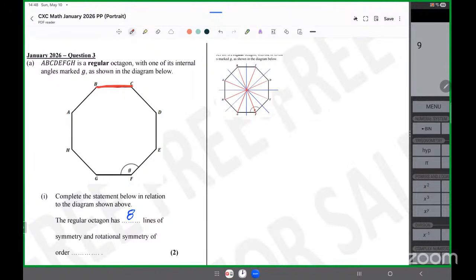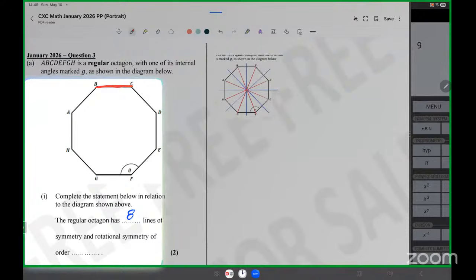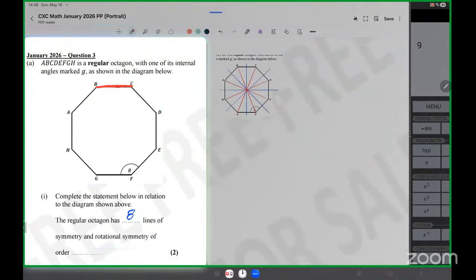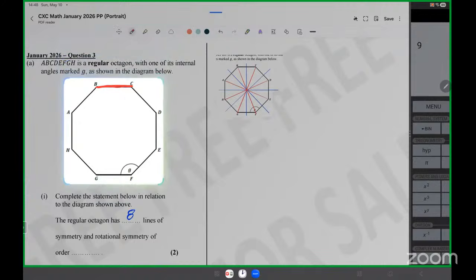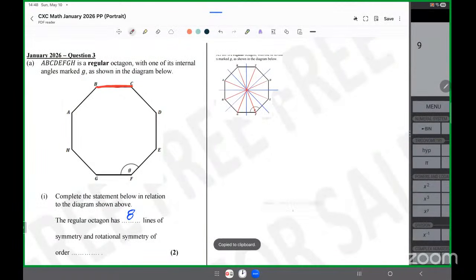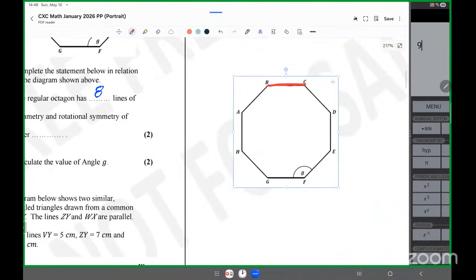I'm going to copy this thing and show you how I rotate it. Copy, paste. Watch this now. I'm going to use this to explain rotational symmetry to you.